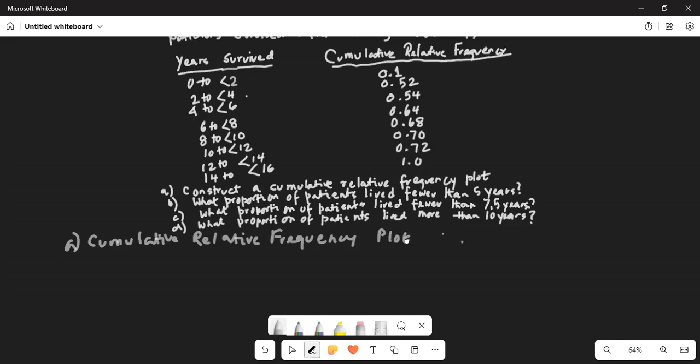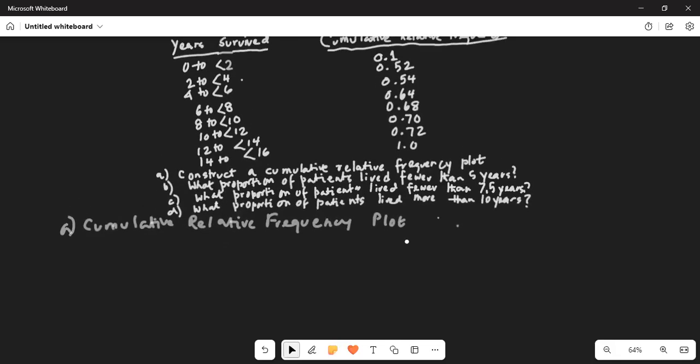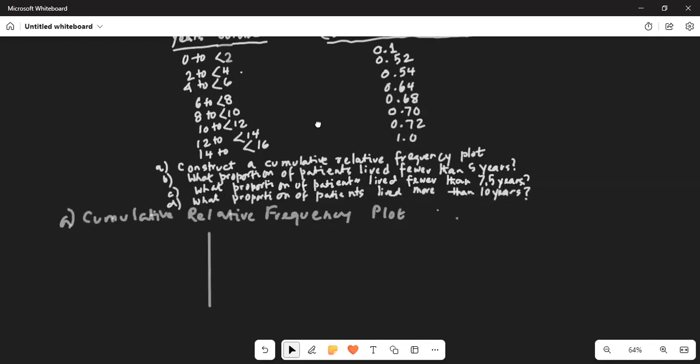Maybe I can move it a little bit farther up. Yeah, keep it something like that. So on the vertical axis, I will have the cumulative relative frequency. On the horizontal axis, I will have the different groups.